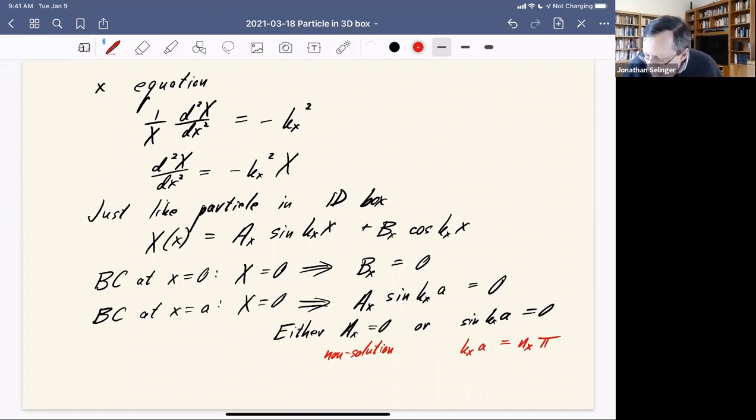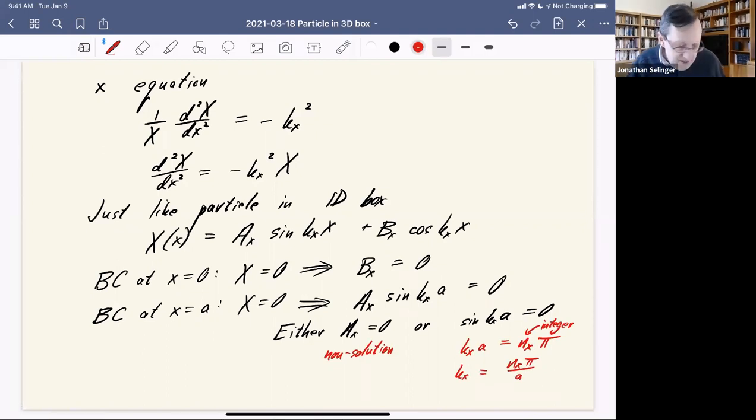Let's call it n sub x times pi, where n sub x is some integer. So k sub x is n sub x pi over a.